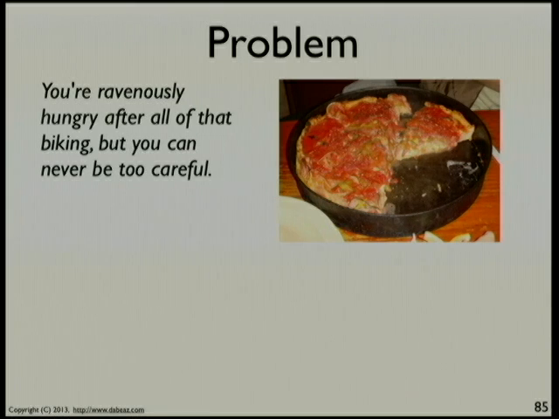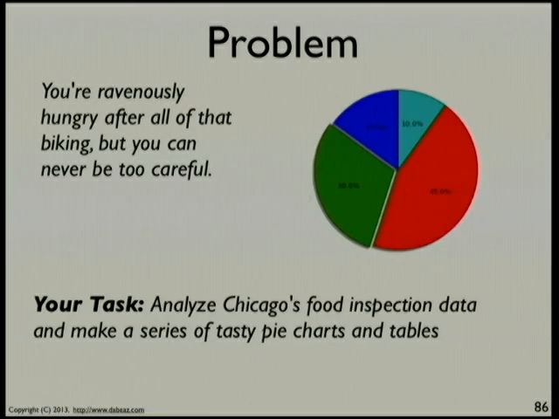So what we're going to do here is analyze the Chicago Food Inspection Health Department database of restaurant and grocery store inspections. The challenge is to see whether you could make maybe an infographic or some kind of breakdown of what that data contains.